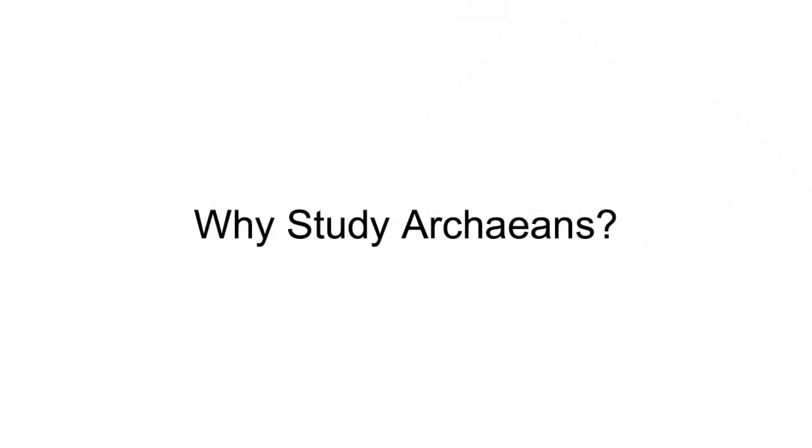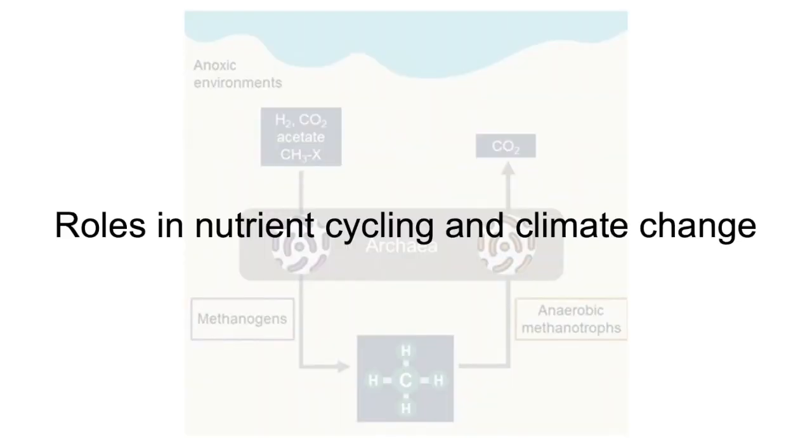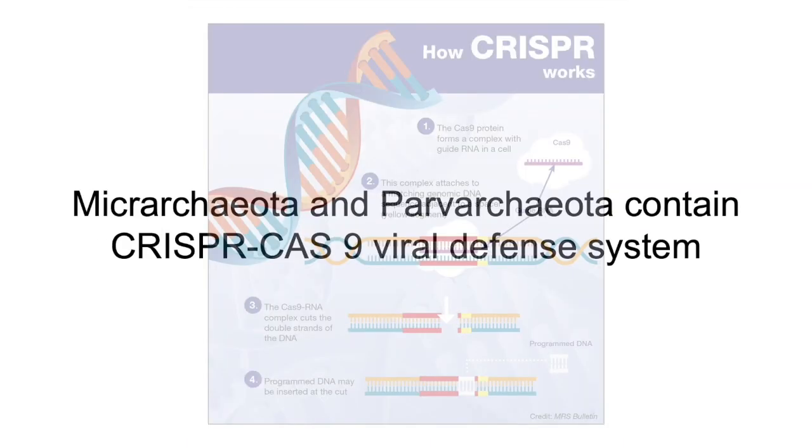Now, why do we have to study Archaeans? Members of Archaea play a huge role in nutrient cycling and climate change. Some are able to produce methane, and studying such pathways would greatly help us address our methane problem in relation to the changing climate.